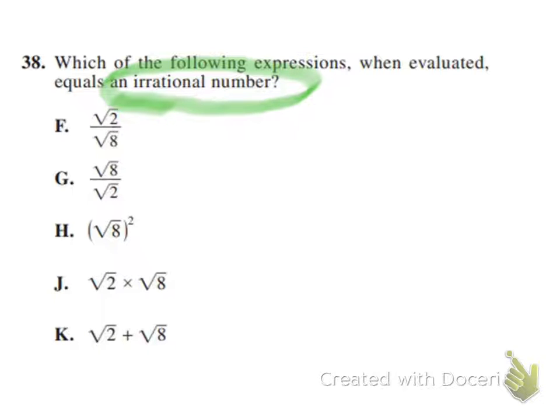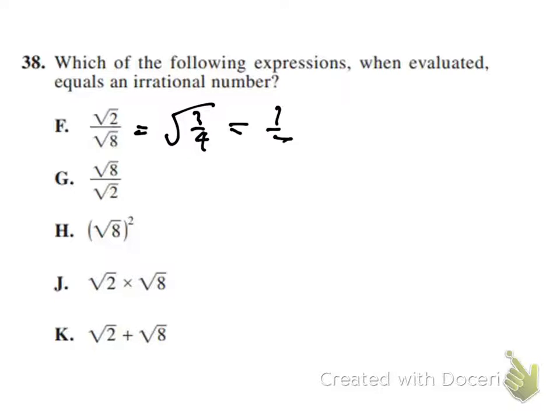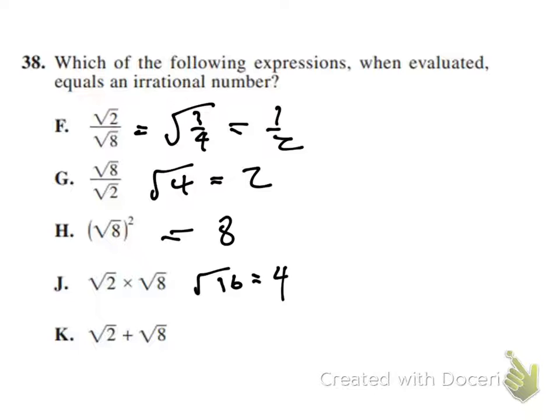Which of these numbers will remain irrational when you simplify them? Okay? What's the square root of 2 over 8? That's the square root of 1/4, which is 1/2. 8 over 2, square root of 4, which is 2. Obviously, if we square a square root, the square root just goes away. That's the square root of 16, which is 4.